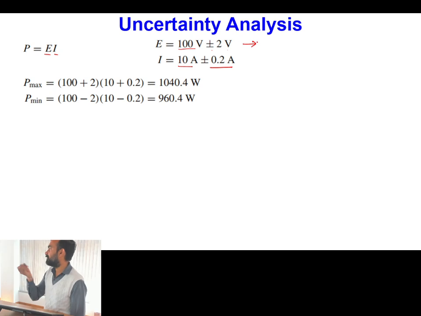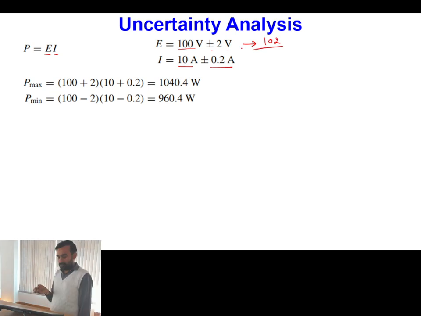One of the easiest ways to determine uncertainty is to assume the maximum deviation in voltage, which could be 102, and the maximum deviation in current, which is 0.2 above 10. Corresponding to that, my power is 1040.4 watt.